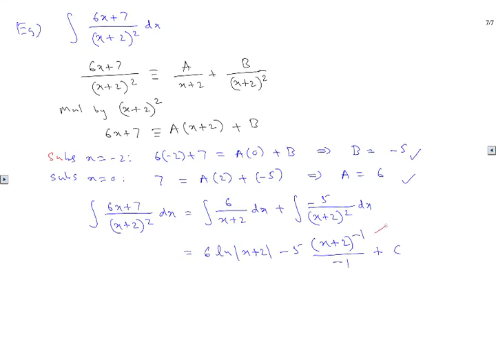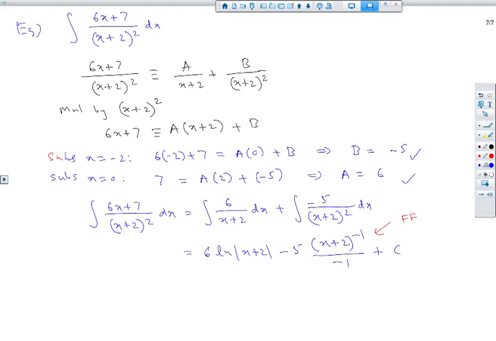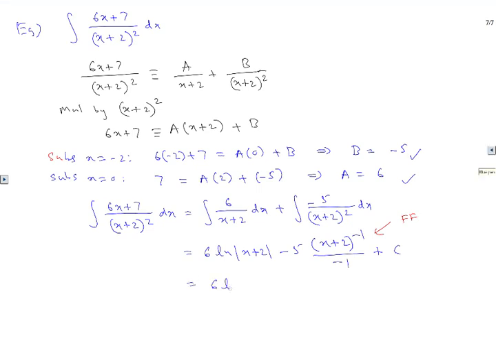Okay, so this simply comes from the 4 formulas, and then you can write the final answer. It's going to be 6 ln x plus 2, and it is very important, plus 5 over x plus 2 plus c. So that's the final answer.